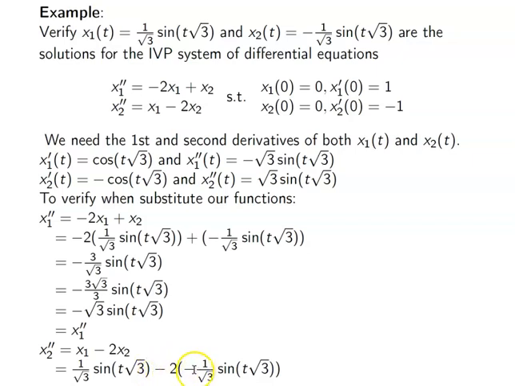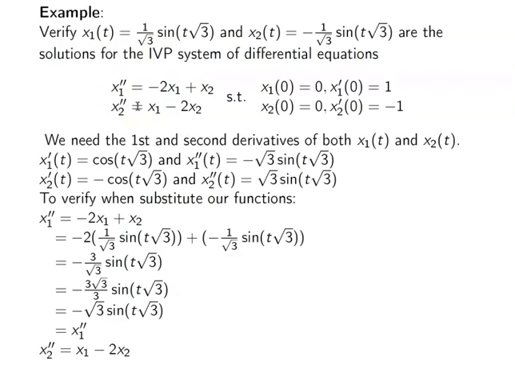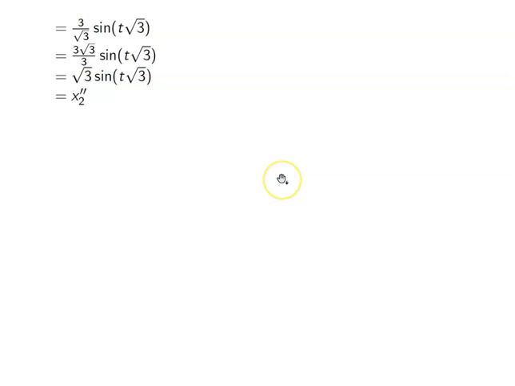I have negative 2 and a negative, so this is actually positive 2 of these, and I have a positive 1 here. When I add those together, I get a positive 3 over root 3. Rationalize the denominator, and I get root 3 sine of 2 root 3 t, which again becomes x2 double prime. It's the same thing.